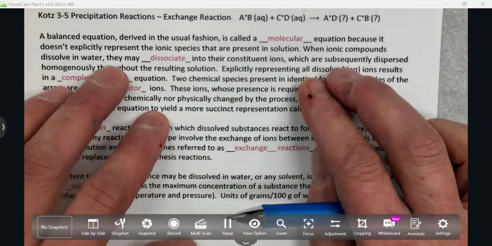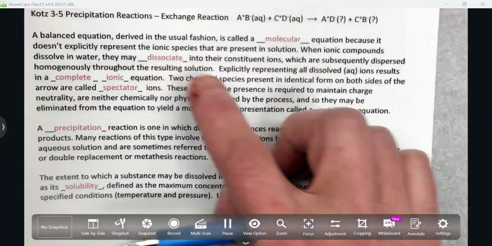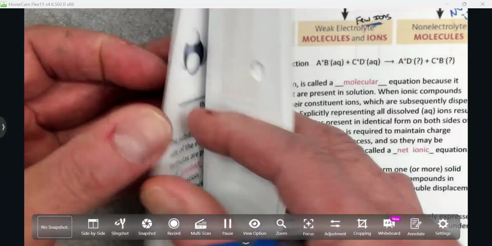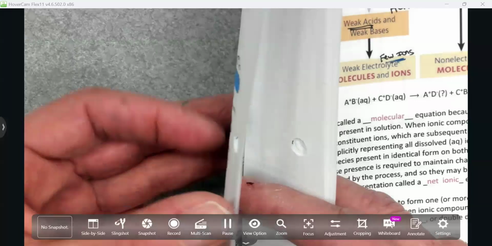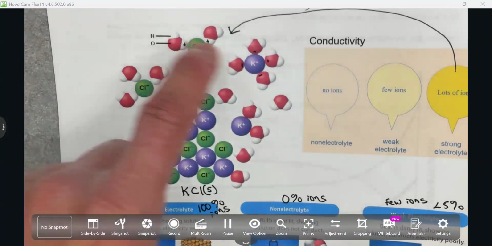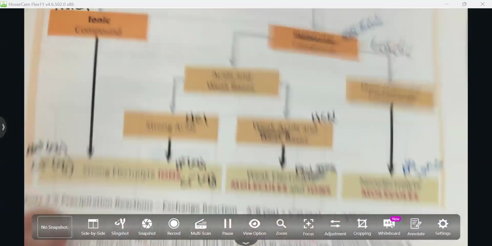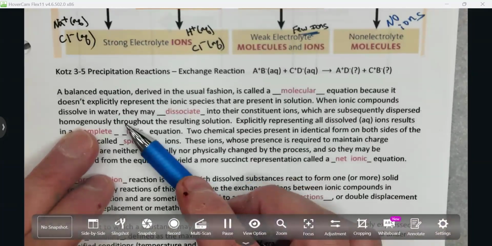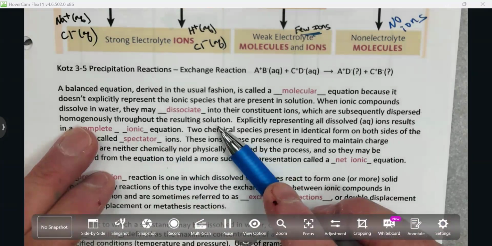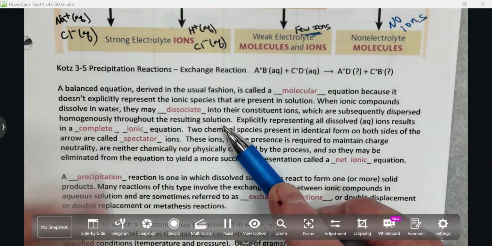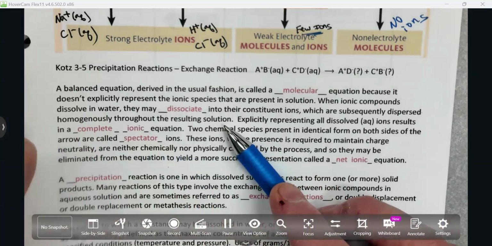When ionic compounds dissolve in water, they may dissociate into their constituent ions, which are subsequently dispersed homogeneously throughout the resulting solution, and this becomes invisible to the naked eye, right? Now, I dissolved the 2 compounds last week, and I've got them back because we didn't demonstrate them yet.